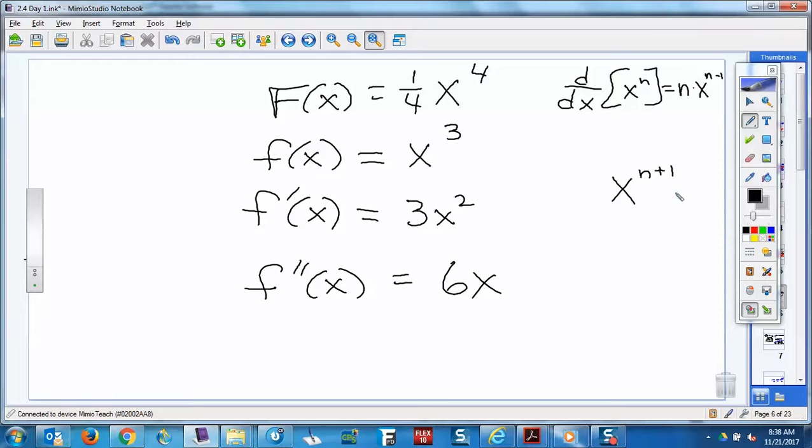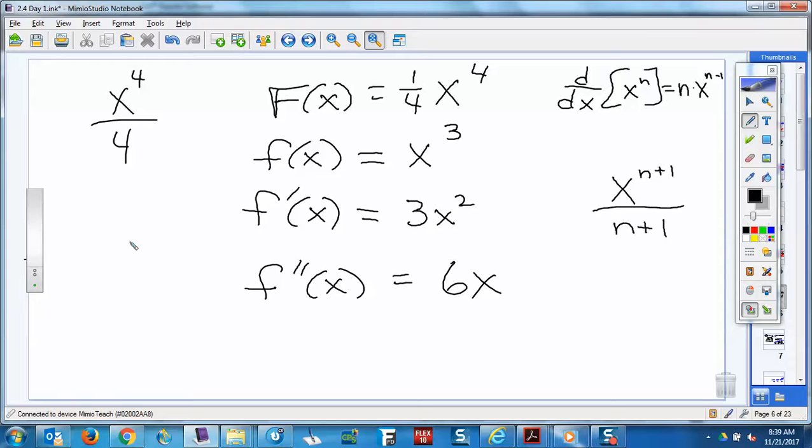Increase the power by 1, and then divide by that new power. You could call that the power rule for antiderivatives, okay? But usually when we do an antiderivative, it's more of a guess and check kind of a thing. So that's what we did there. We raised the power up 1 and then we divided by that new power. Now I'd rather write 1/4 out in front than divide by, but you get the idea.